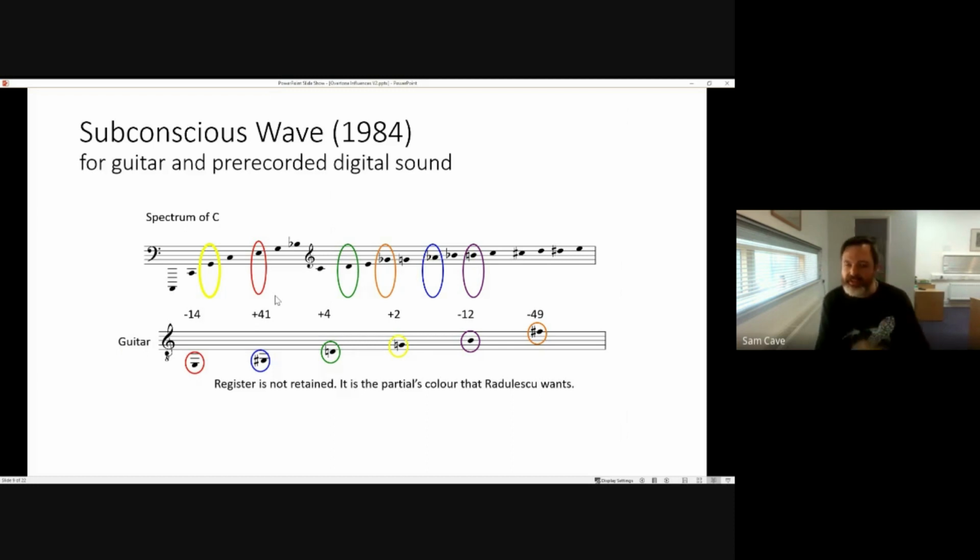It's the color, it's these cent deviations that he wants, because what happens in this piece is the guitarist only plays natural harmonics, never frets a note normally.